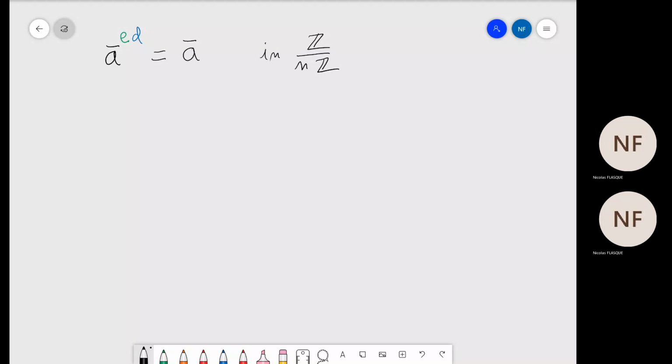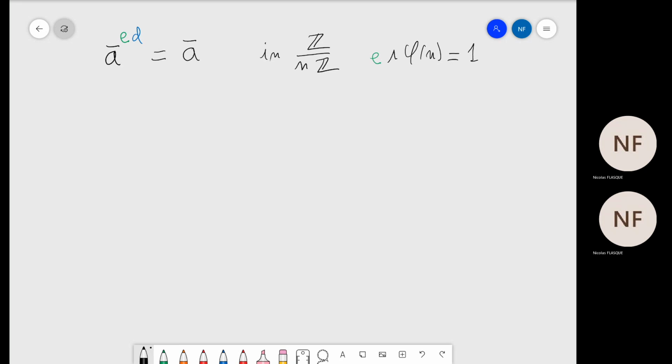So next step, how to build a crypto system from the simple fact that a bar to the power of e times d is equal to a bar in Z over nZ, with e chosen as coprime with phi of n.